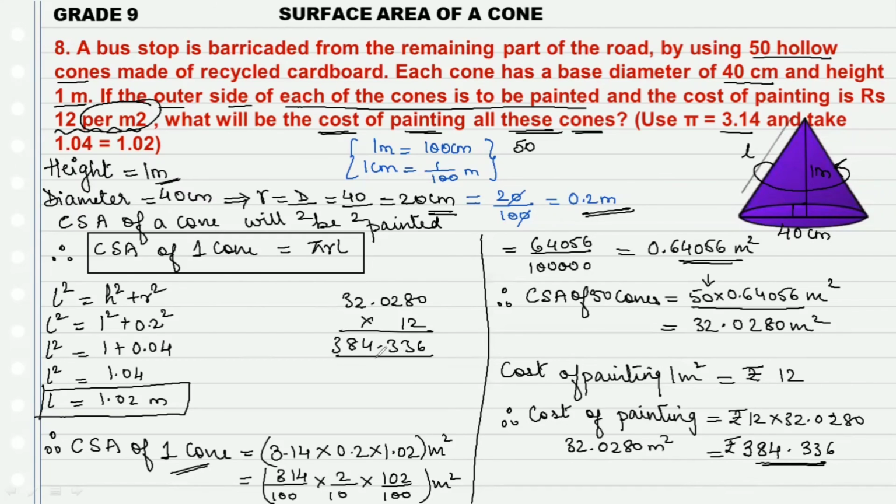This much is the cost of painting all the 50 hollow cones, which is approximately 384.34 rupees. So your final answer is, therefore, the cost of painting 50 cones is rupees 384.34. I hope, students, you all are clear with this.